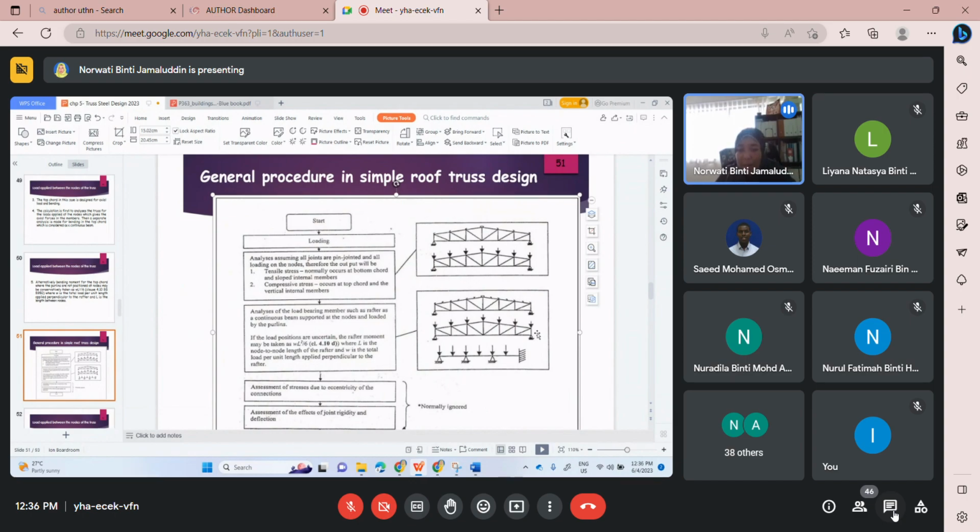The next step, consider only the top chord with the actual condition where the loads are at knots and in between knots.